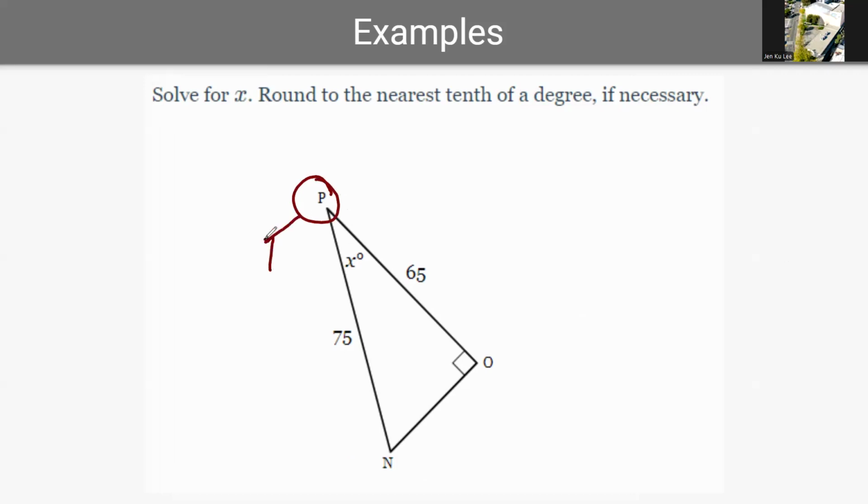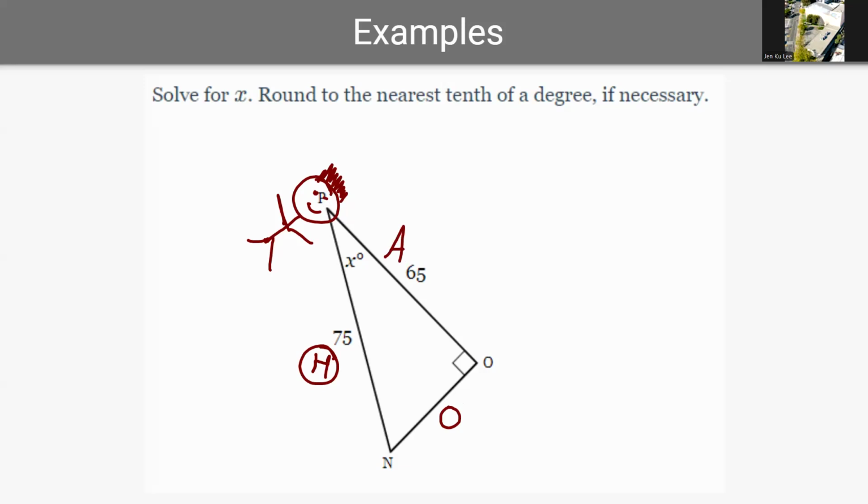So this is my person that I draw, angle P. Label the sides. So I know opposite a 90-degree angle is going to be my hypotenuse. Opposite angle P is going to be my opposite side. And right next to it is my adjacent side.